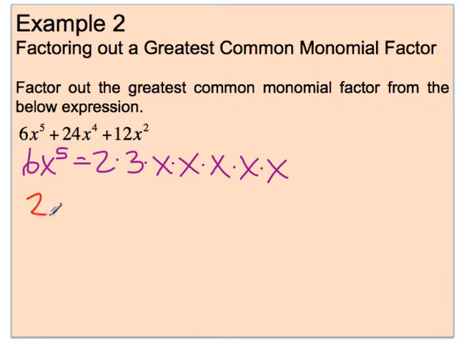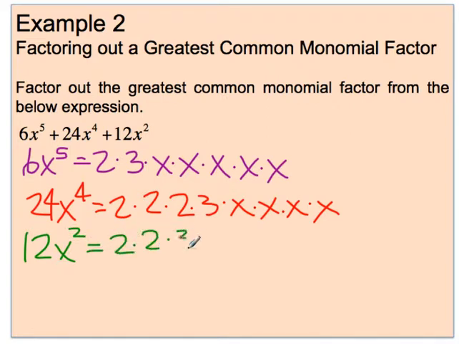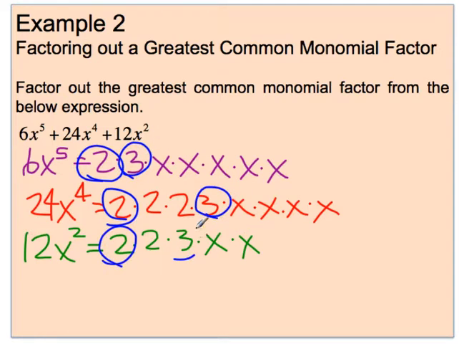We have 24x to the fourth, which can be written as 2 times 12. 12 we'll write as 2 times 6, and 6 we'll write as 2 times 3, and then we need 4 x's. And 12x squared we can write as 2 times 6, which is 2 times 3 times x times x. Now we can see each of these has a 2, each has a 3, and each of them has 2 x's.